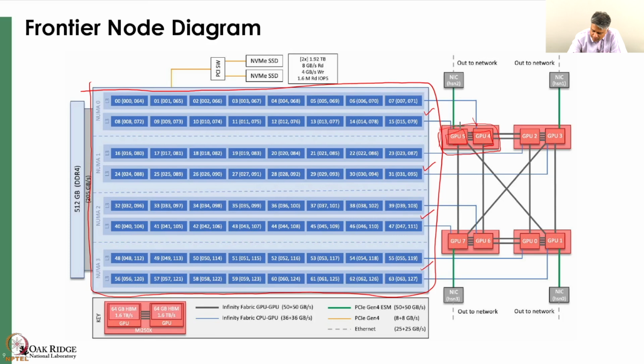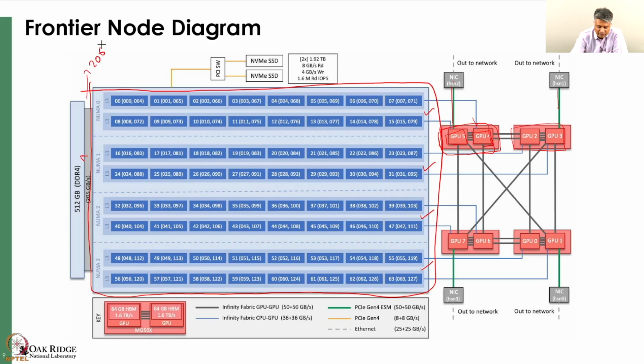Now these GPUs are each connected to the network interface. So sets of 2 are connected to one NIC, another set of 2 is connected to another NIC, and so forth. All of the 64 CPU cores are connected to 512 GB of DDR4 RAM, which is the main memory, and that is transferred at about 205 gigabytes per second.